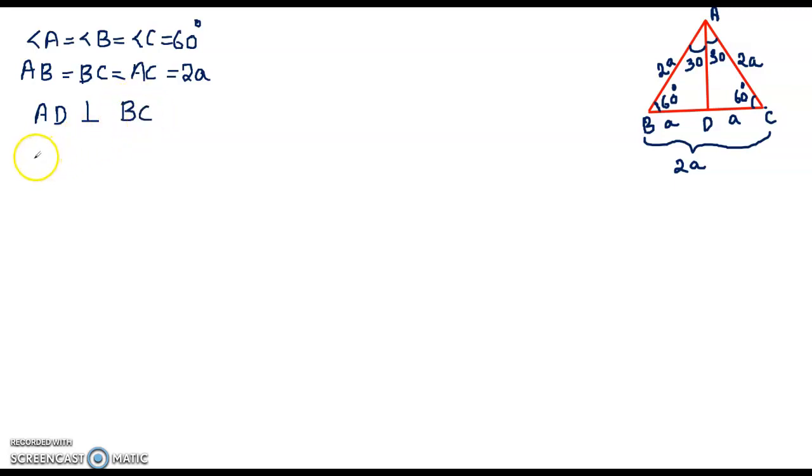And I got two right angle triangles ABD and ACD. So by using RHS congruent criteria, we can say that triangle ABD is congruent to triangle ACD.